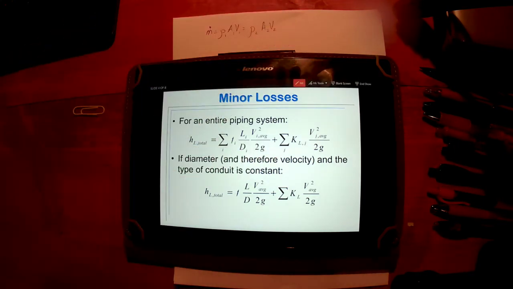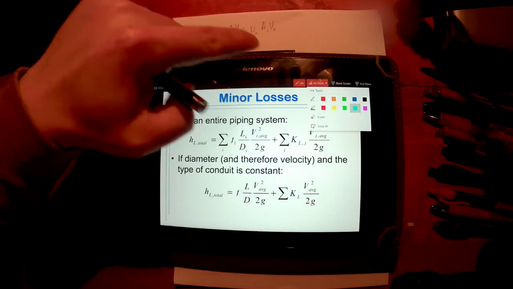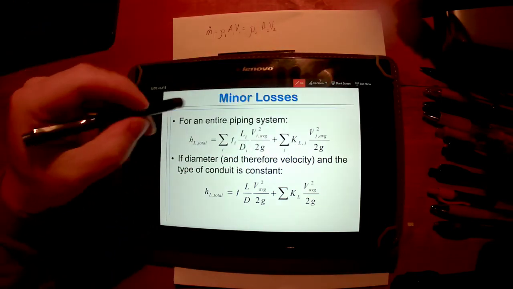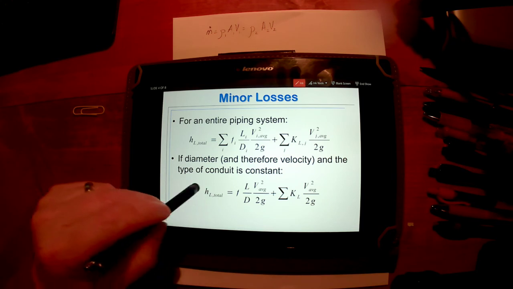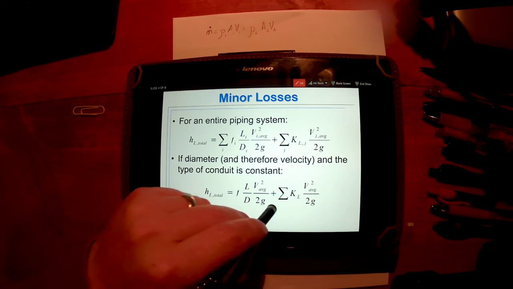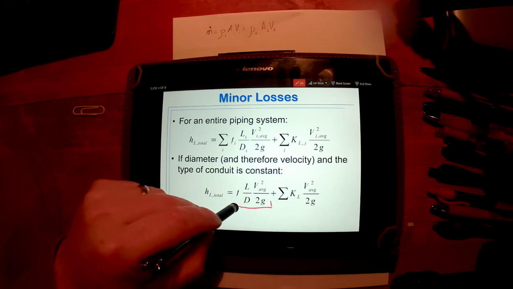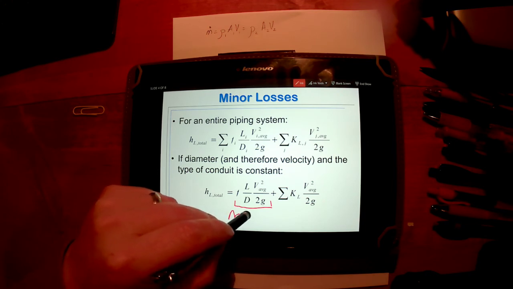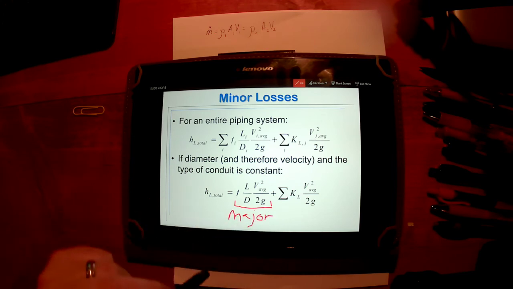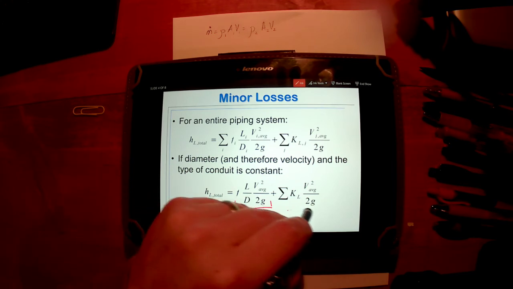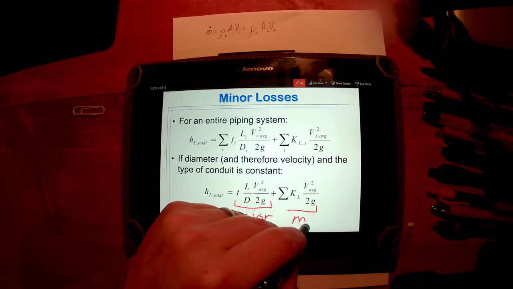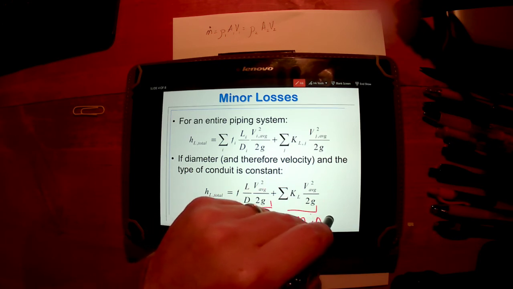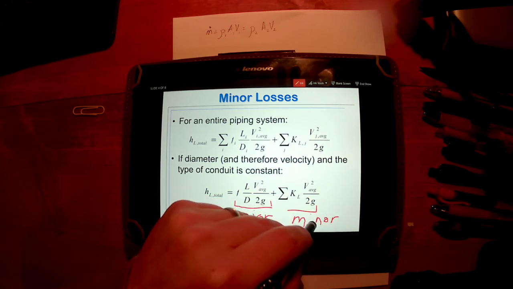And so let's do, what am I on here? I'm still on highlights. Now what I might suggest to you is again just to highlight. This is what we call the major loss, and this is what we call the minor loss.